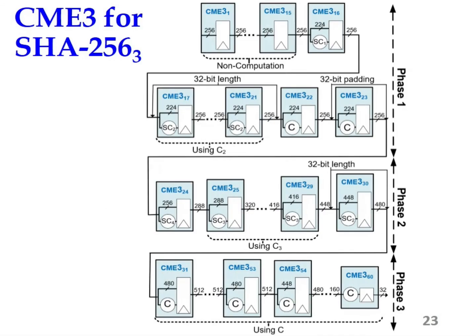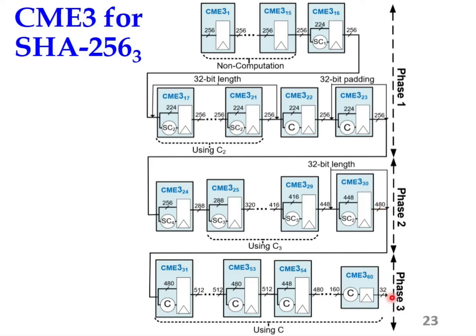Here, I also would like to present the hardware design of Compact MessageExpander. It can be seen that we also classify the hardware Compact MessageExpander based on the characteristic of data bit width into 3 phases. In phase 1, from round 1 to round 23, it has 256 bits, and in phase 2, the number of bits increases from 256 to 480 bits.